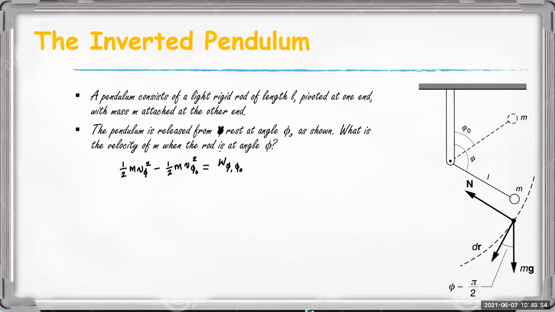Here we say that the pendulum is released from rest at an angle phi 0. So at phi 0 the velocity v phi 0 is equal to 0. As it is at rest, v phi 0 is equal to 0.